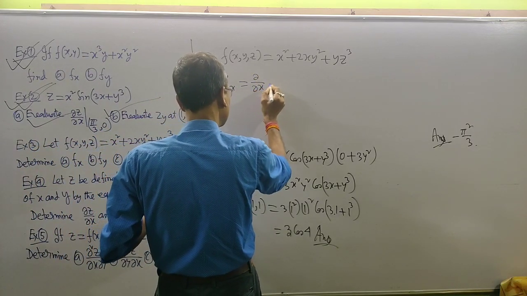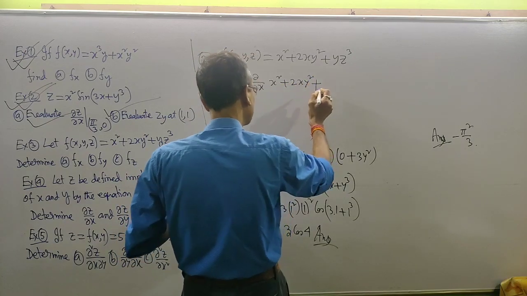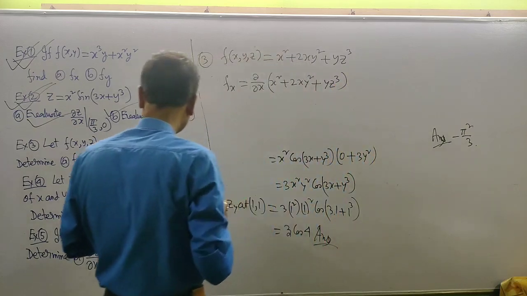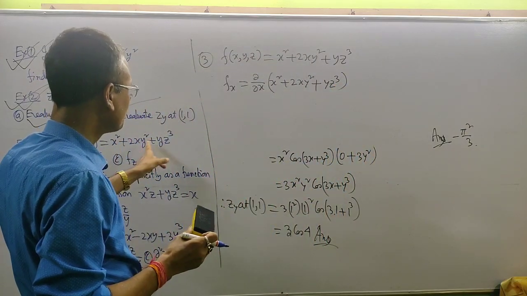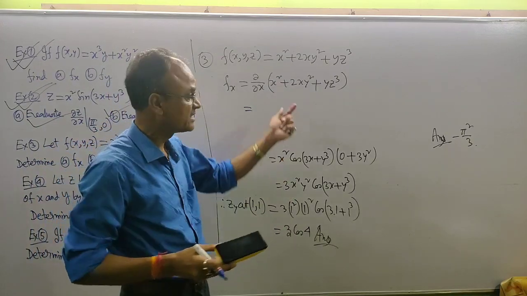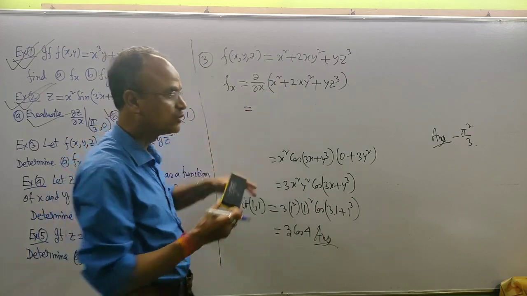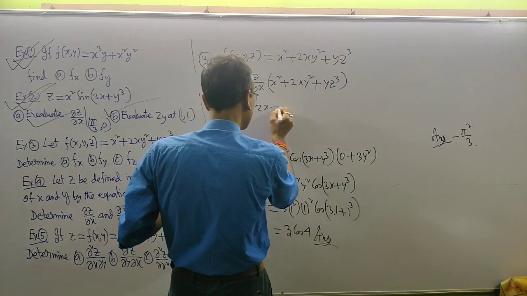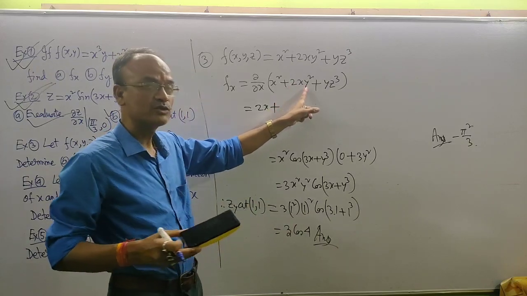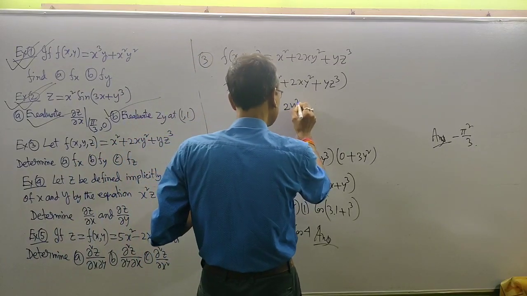Fx is the partial differentiation of twice x y square plus yz cube and x square with respect to x. If you differentiate this with respect to x, what is the differentiation of x square? It will be twice x, plus 2 into y square, since y square is constant here. Therefore, it will be 2y square.